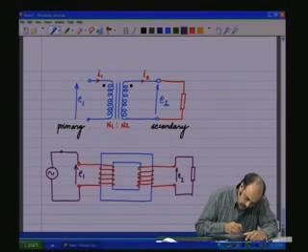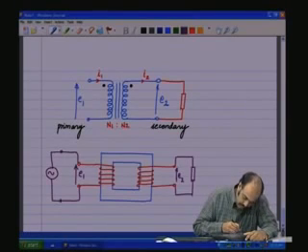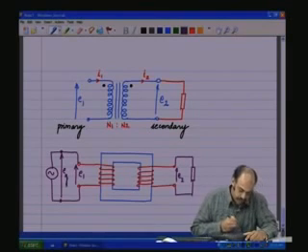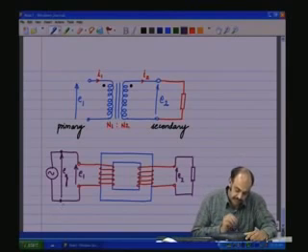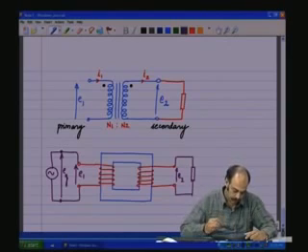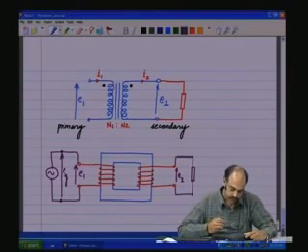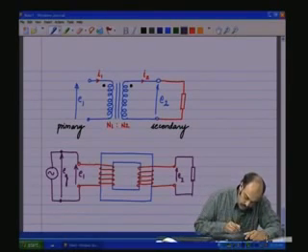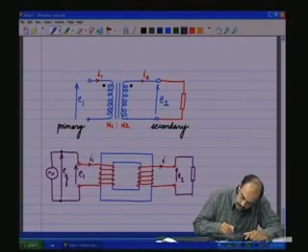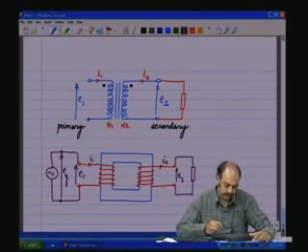Let's say that I mark the generated voltage and let me call that one as EG. Under normal conditions, EG will be same as E1. Now let us say there is an I1 and now there is an I2 flowing through the load.